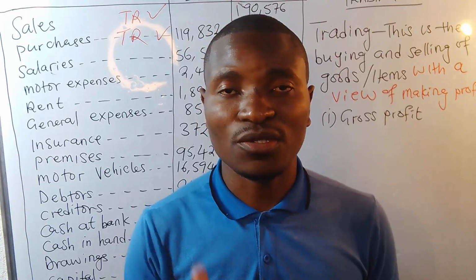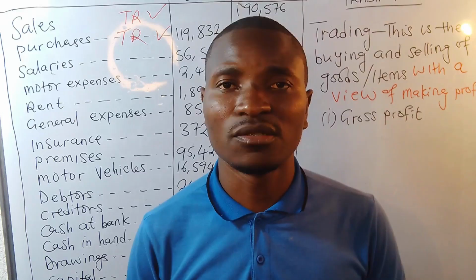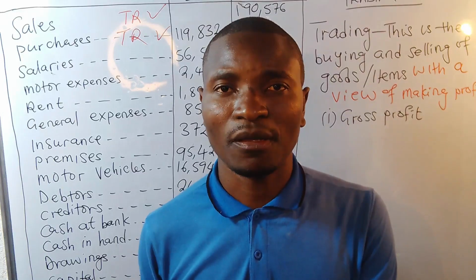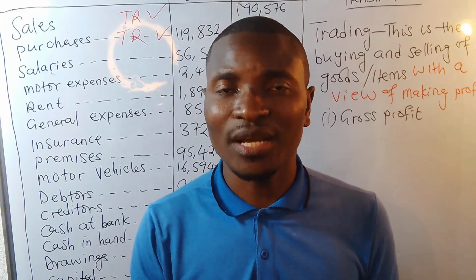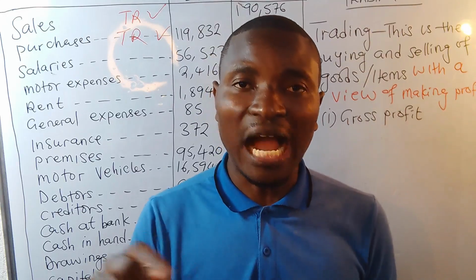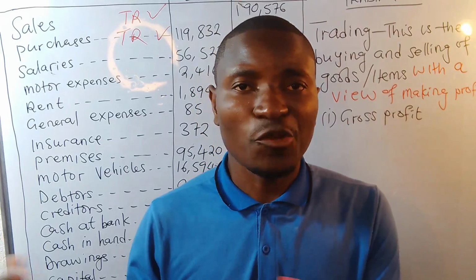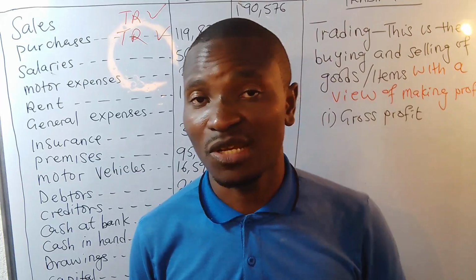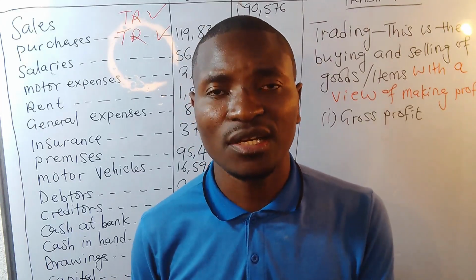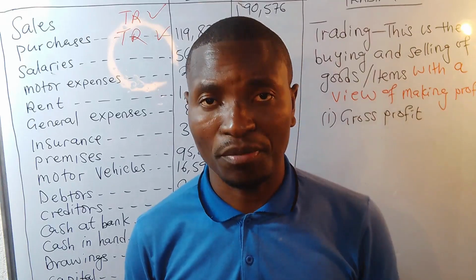Before you could start selling, you have to take note of how much of the goods you are starting with. And before you close your business or shop, you also have to do some counter checking of how much of the goods or product remains. That is more like the closing stock, in terms of how much products and items have remained in your shop.